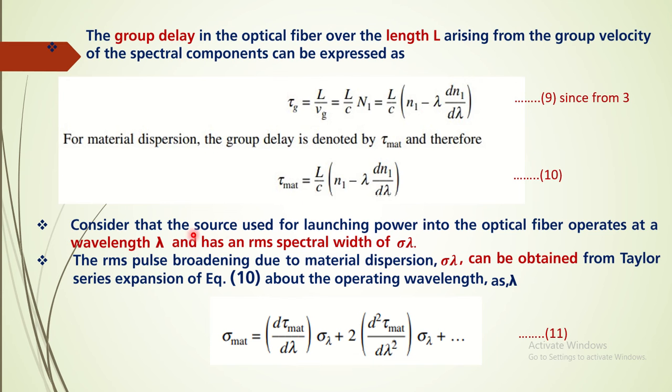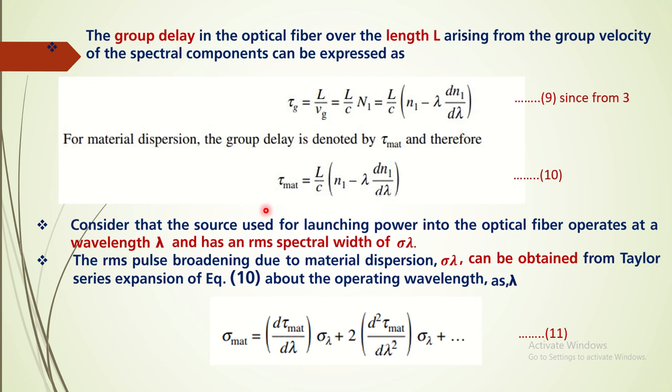Consider that the source used for launching power into the optical fiber operates at a wavelength lambda and has an RMS spectral width of sigma lambda. The RMS pulse broadening due to material dispersion can be obtained from the Taylor series expansion of equation 10, with the operating wavelength as lambda.